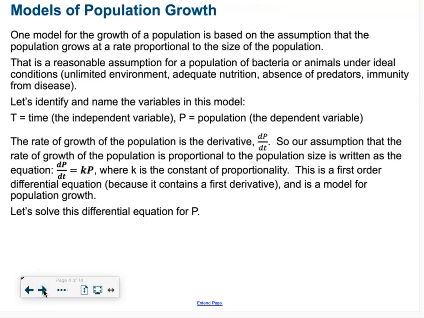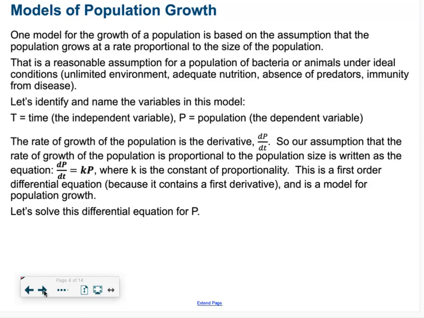One model for the growth of a population is based on the assumption that the population grows at a rate proportional to the size of the population. This is like the original model for standard population growth. What this means is you have an environment with no limiting factors, a perfect environment.